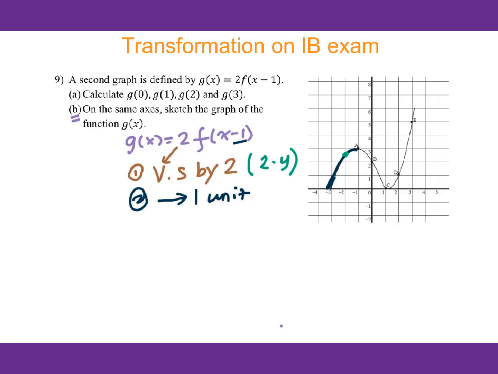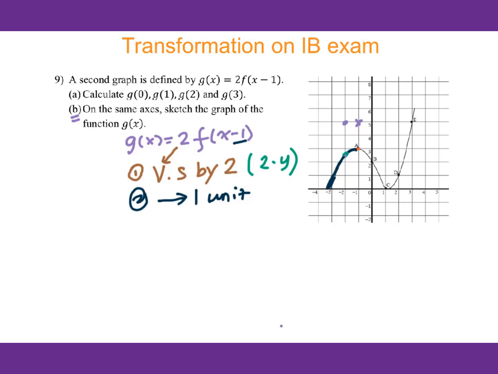Therefore, for each point, we do a vertical stretch by a factor of 2, then move to the right 1 unit. For these points, the y coordinate is 2.5, multiplied by 2, they go to 5. From this 5, then move to the right 1 unit, it goes here.